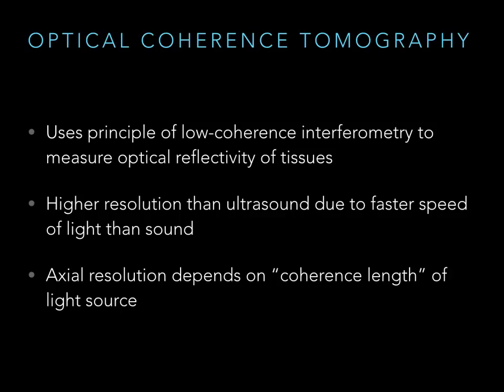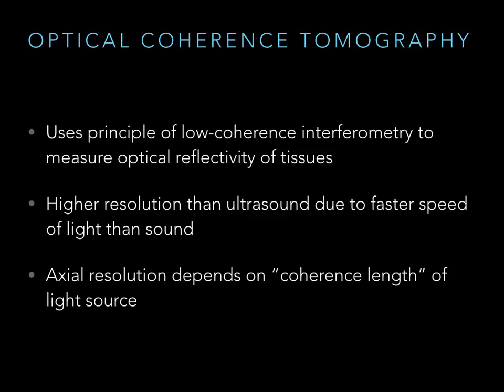The reason we always talk about low coherence interferometry is because with sound or radar or ultrasound, you can develop timing devices that can measure how long it takes for the signal to get back. But with light, it's so fast that we really can't just click a button when the light leaves and then click another when it comes back.